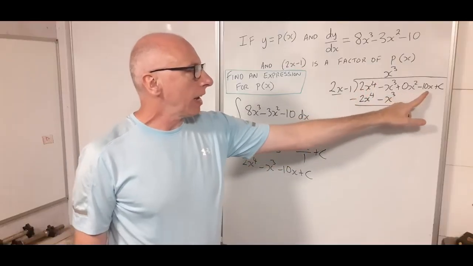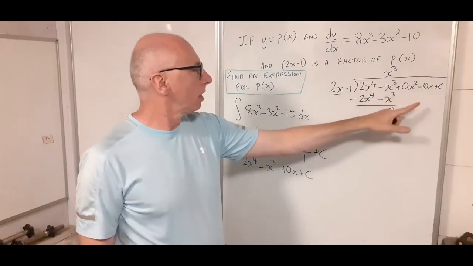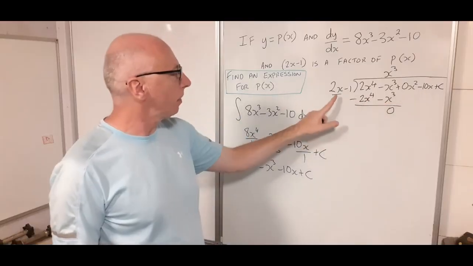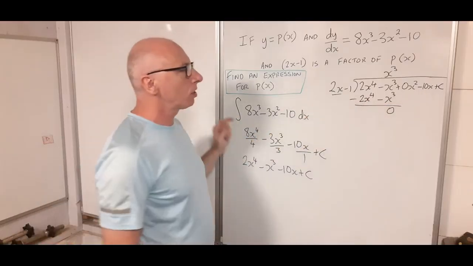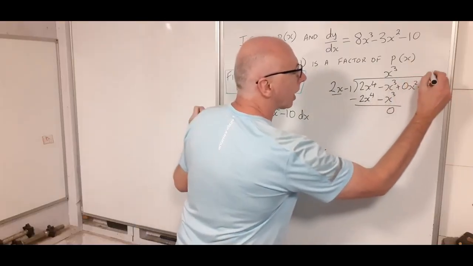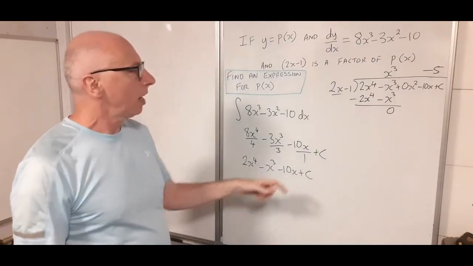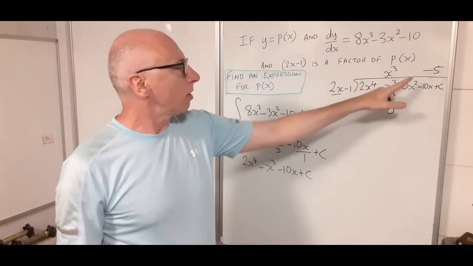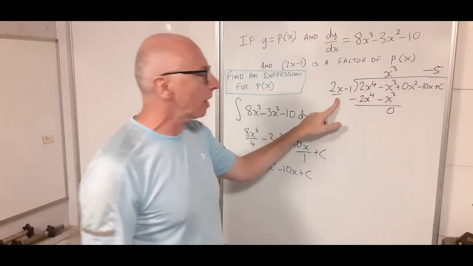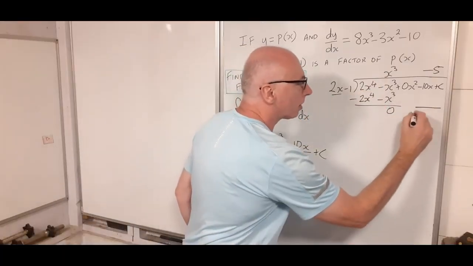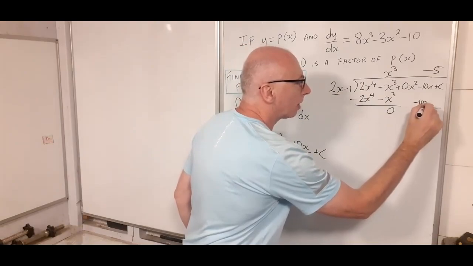So now we move on to the minus 10x. Minus 10x divided by 2x is just minus 5. So now we can put minus 5 here at the end, and then bring that back in. So minus 5 times 2x is minus 10x. So put the minus 10x there.